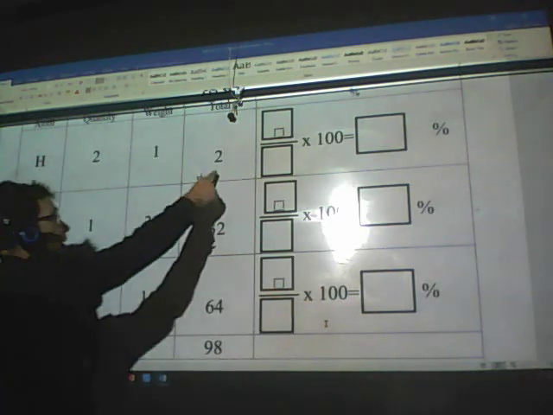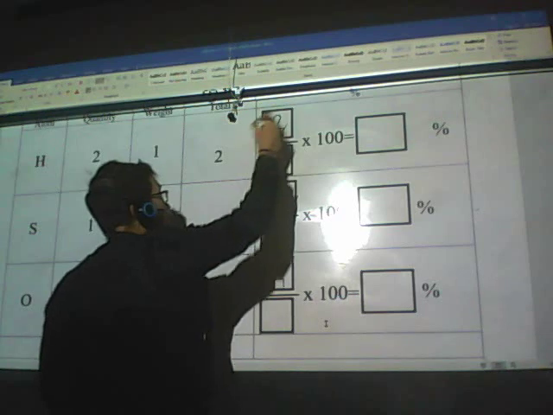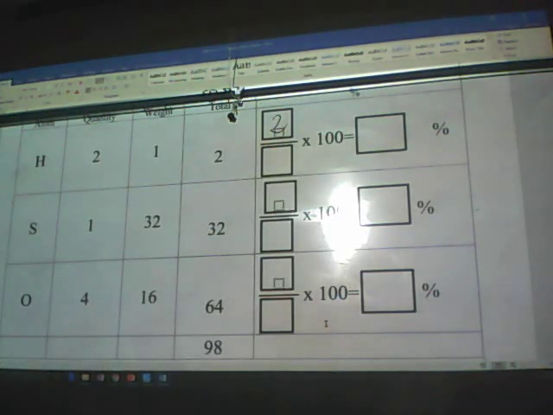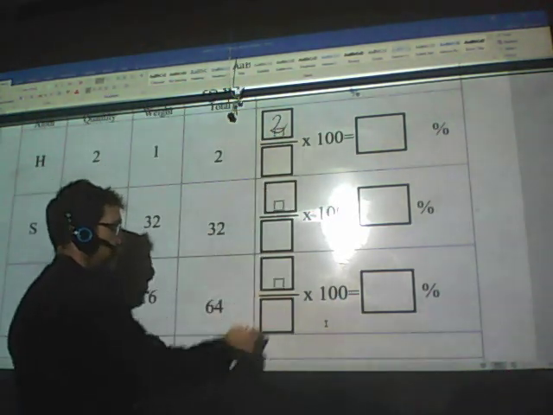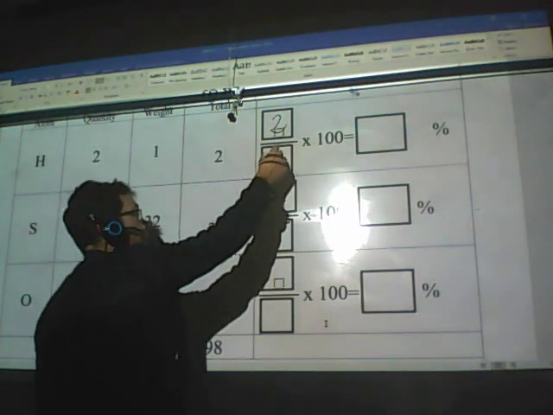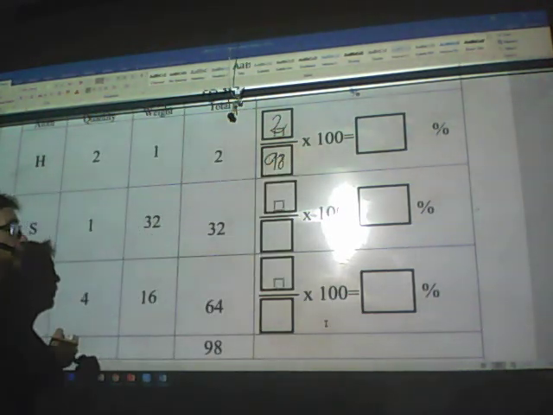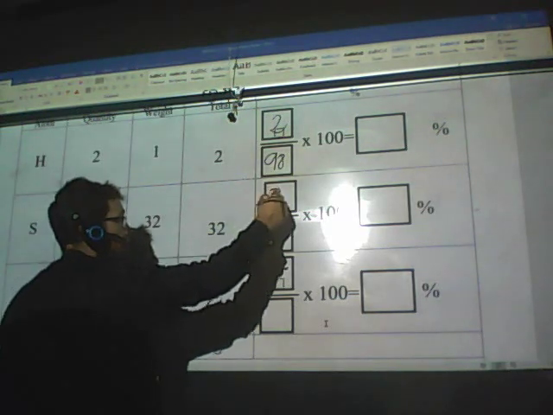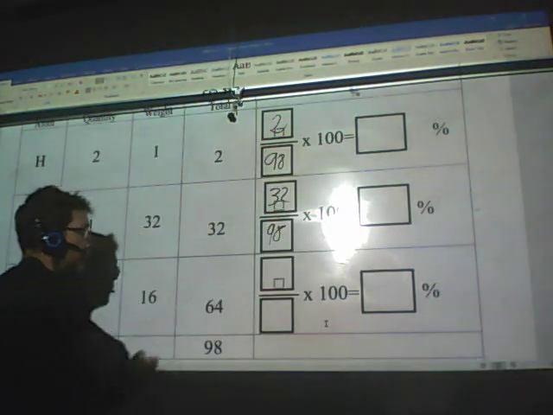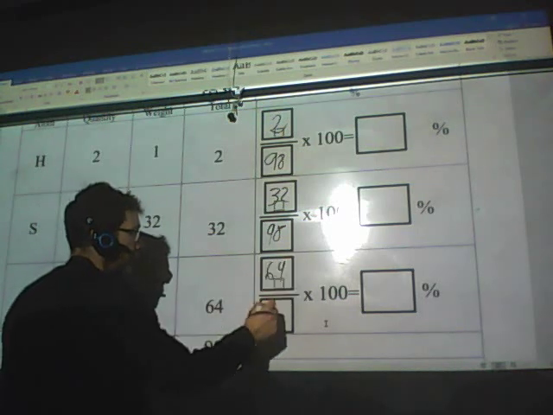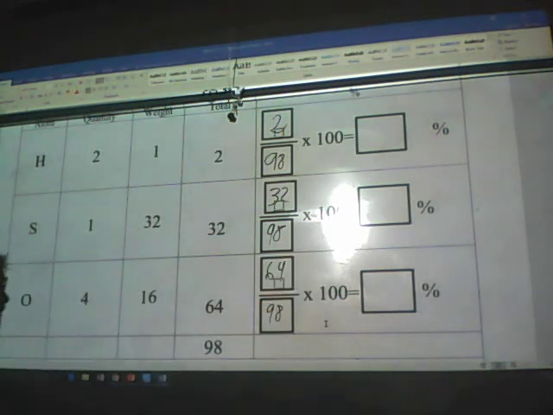In this column you divide the total mass of each atom by the total molecular mass, that is 98, okay? Here would be 2 divided by 98, here 32 by 98, and here 64 by 98, okay?